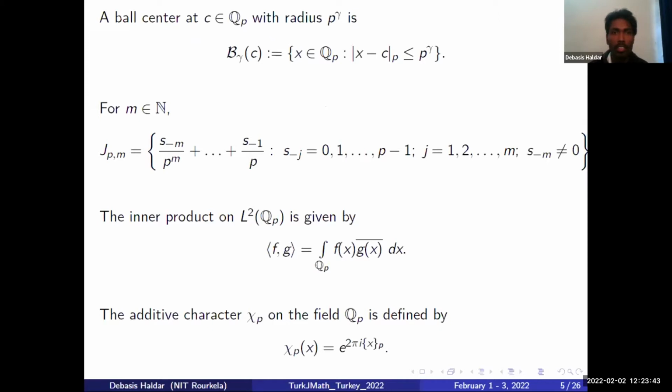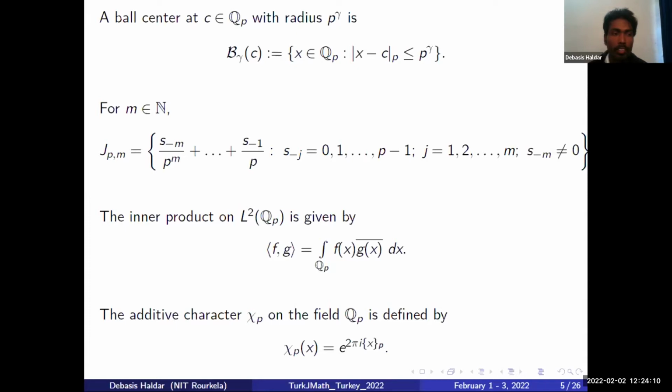A ball centered at c with radius p to the power gamma is denoted B_gamma(c) and defined as the set of all p-adic numbers x such that the norm of x minus c is less than or equal to p to the power gamma.